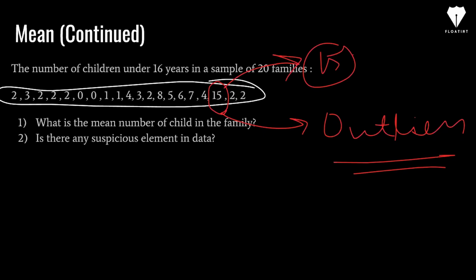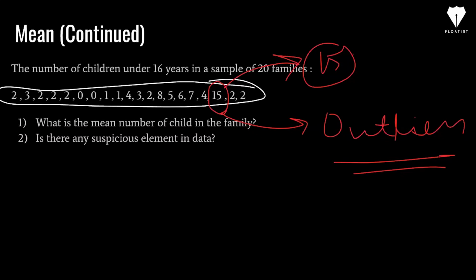Okay. So in this case, what is a good measure of central tendency? If you calculate the mean in this case, it will be skewed by this element 15. 15 will be added up to all these small numbers and it will increase the value of your sum. Then if you divide it by the total number of elements in this data set, it will be higher. It will be skewed towards this number 15.